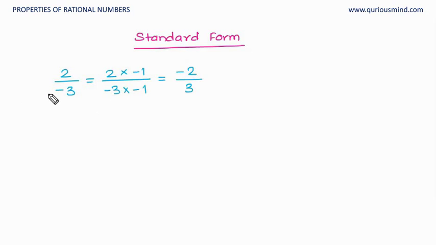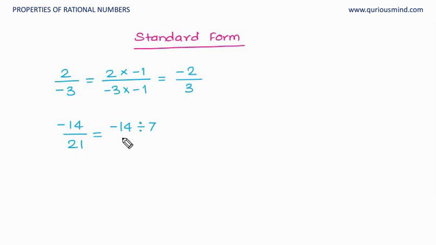So in effect, I have moved this negative sign from down to up, and we write the rational number in this form. And also, if I have this rational number minus 14 upon 21, we don't keep it in this format, we write it in the lowest form. For lowest form, I am going to divide it by 7.